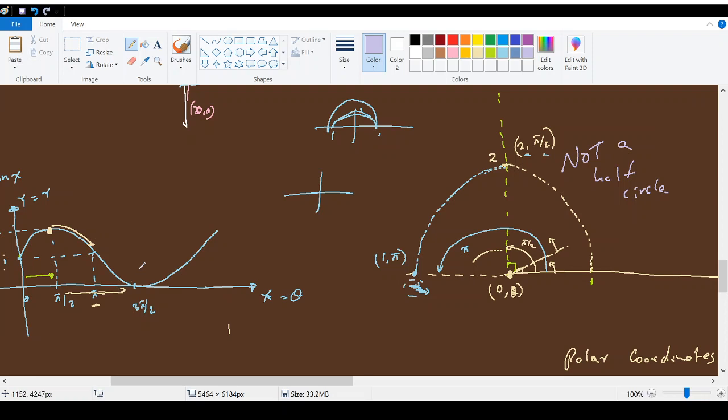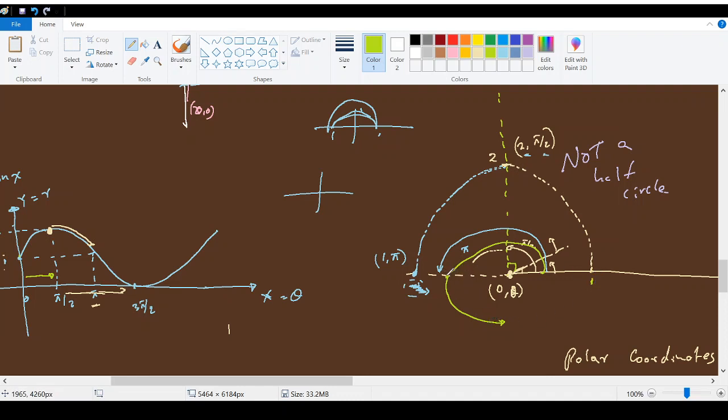From pi to 3 pi by 2, that means from pi to 3 pi by 2, when it goes from here, now that angle should actually start at this point when it increases like this, and until this point we have already drawn the curve. So now we are left with completing the values from pi towards 2 pi, right?